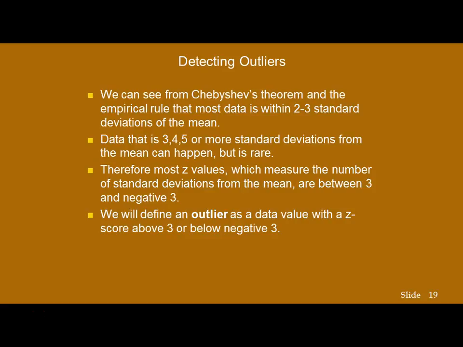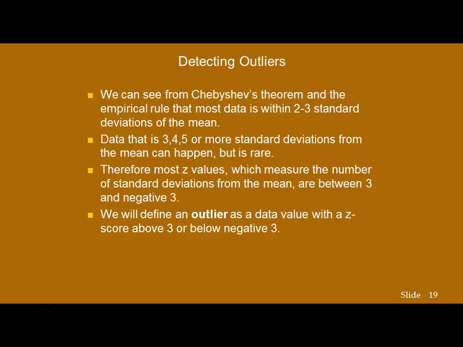If you go back to Chebyshev's theorem, at least 75% of any body of data is within 2 standard deviations of the mean. By the time you get to 3 standard deviations, you have almost 89% of the data. And if you look at the empirical rule, by the time you get 3 standard deviations, you have 99.7% of the data.